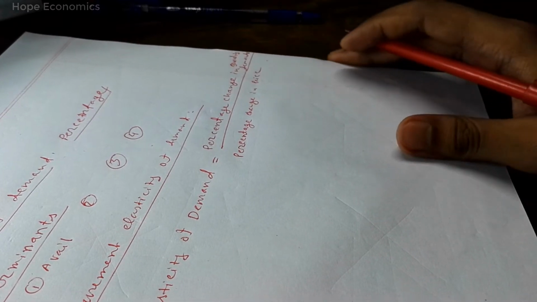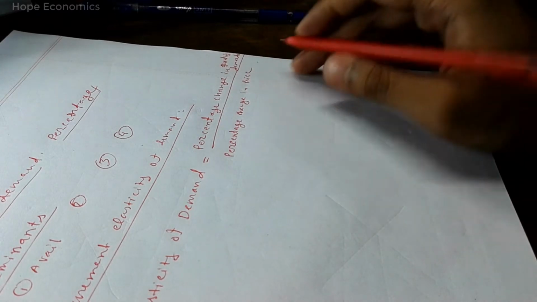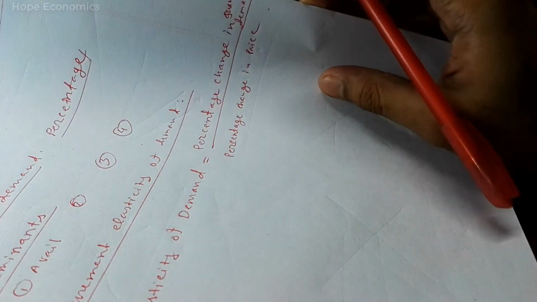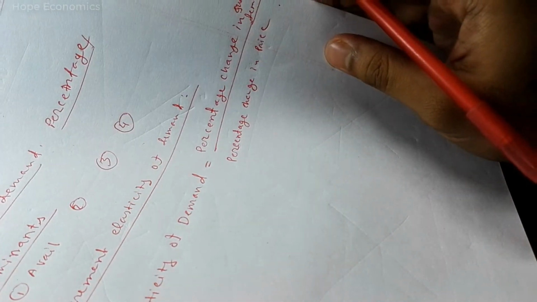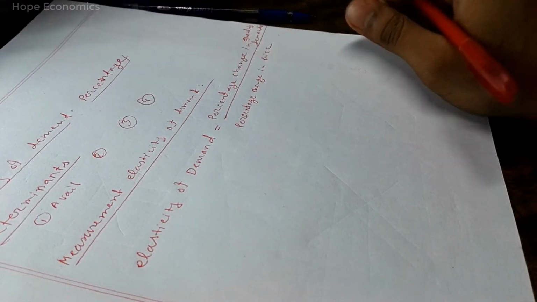So we see in here that it is percentage change in quantity demanded divided by percentage change in price. You are seeing this. So this is the law of price elasticity of demand.